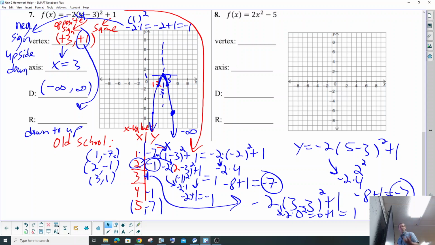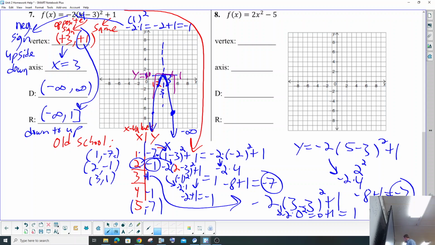But this time when we go down to up, it's negative infinity, finishing at a hard capped 1. Y value equals 1. So that's our range.